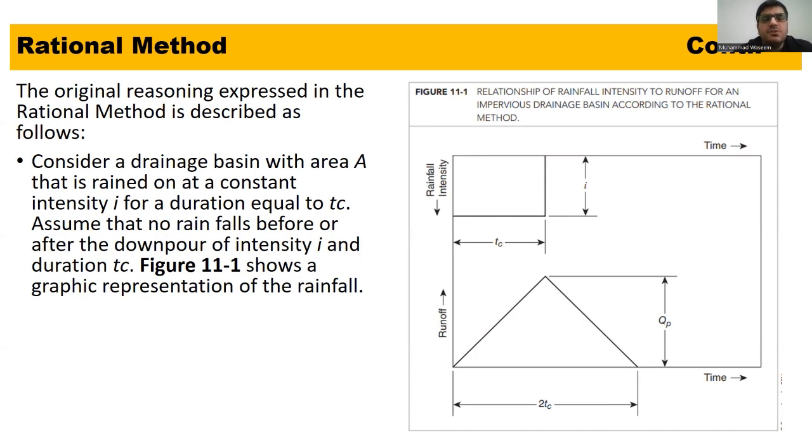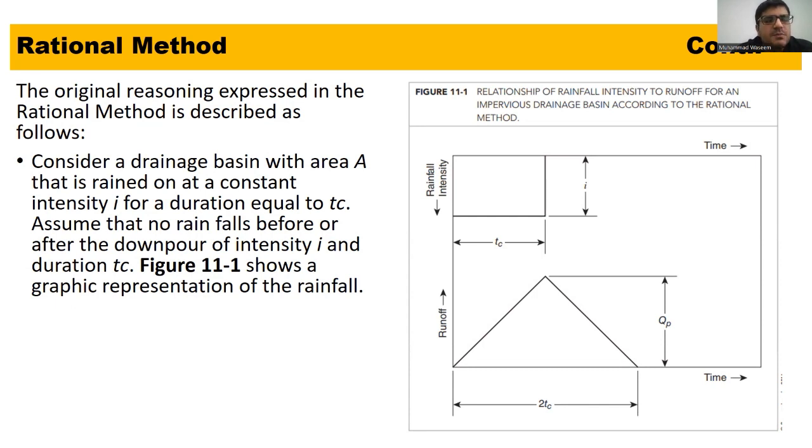So let's see the theory. The original reasoning expressed in the rational method is described as follows. Consider a drainage basin with area A that is rained on at a constant intensity I. That intensity was constant for a period equal to the time of concentration.